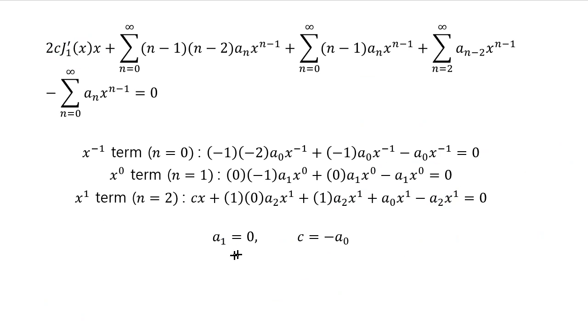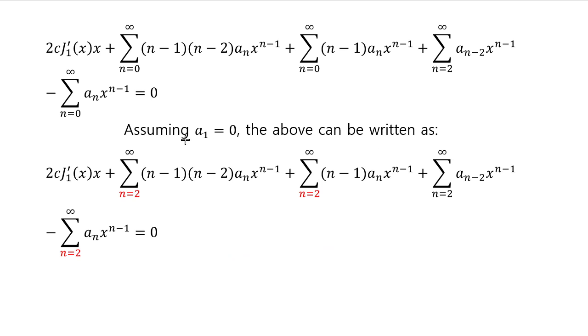Okay, so these are our conclusions: c must be negative a0 and a1 should be 0. And if you assume that a1 is 0, then the x to the negative 1 and x to the 0th power terms disappear anyways.